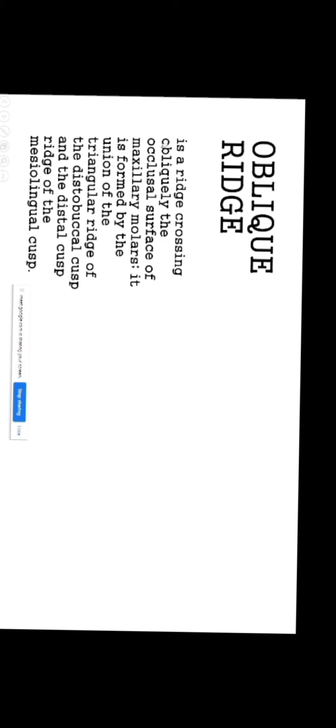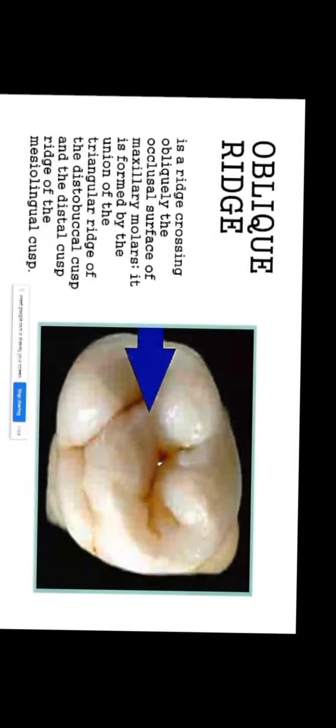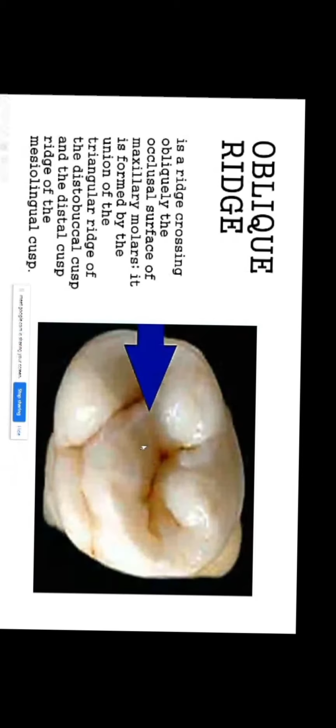For now, it's good to note that maxillary molars have oblique ridges. This is a very important landmark in doing restorative treatment or filling, and much more in endodontics or root canal therapy. You need to find this landmark. What is it? The oblique ridge. See that elevation with the arrow? That is the oblique ridge.